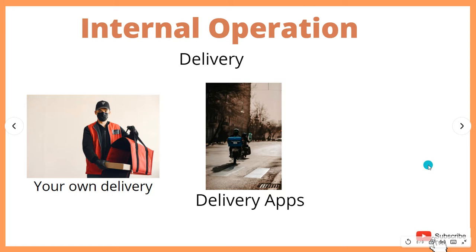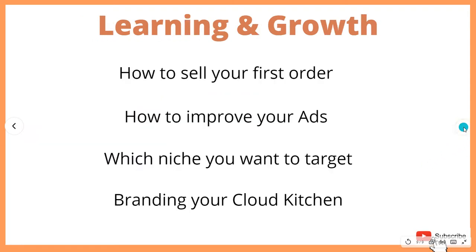Now that you have the internal operation working in a perfect way, comes the learning and the growth. Well, the first thing you have to do is sell your first order. I consider this the most difficult part, because nobody knows you at the beginning.